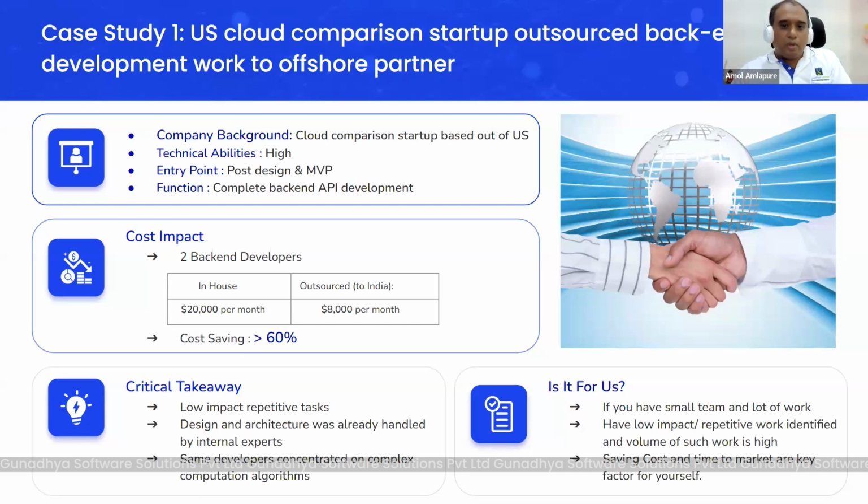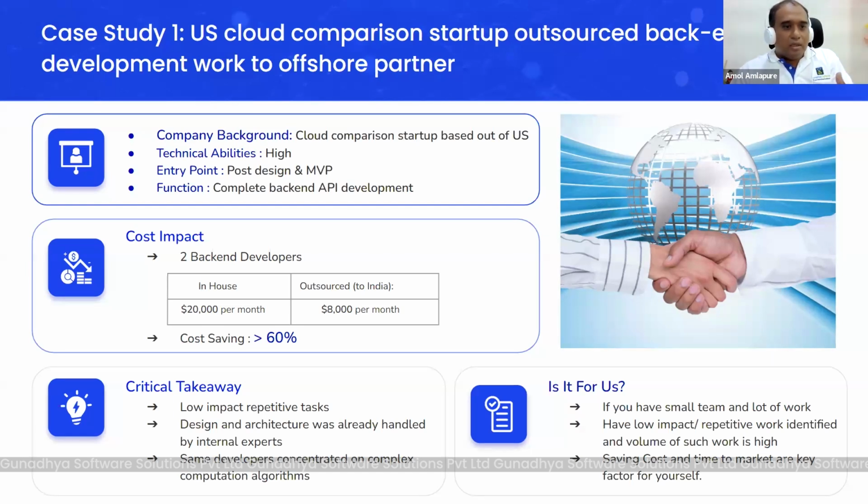The average cost would have been, let's assume, $10,000 per month per person, so $20,000. With offshoring to India, it was reduced to approximately $8,000 because it was low impact work. It was getting completed within the same time frame anyway. But the outsourcing helped them with a cost reduction of more than 60%.